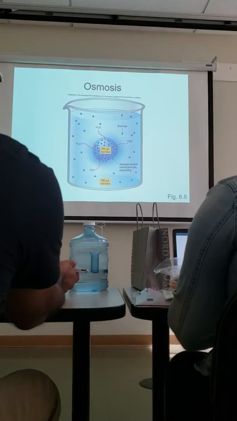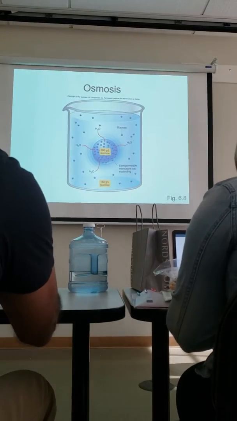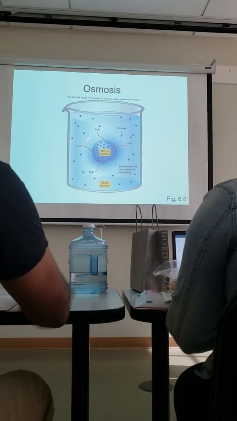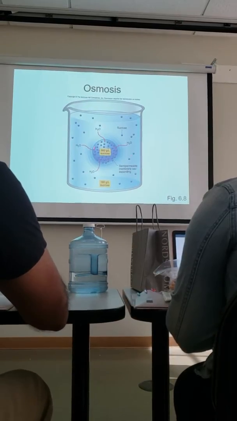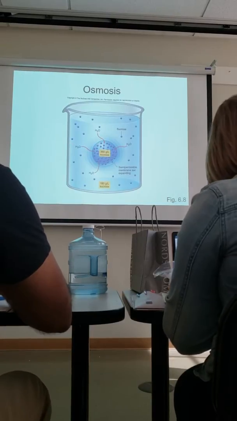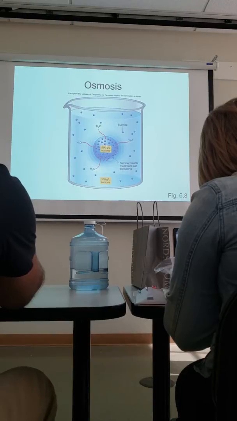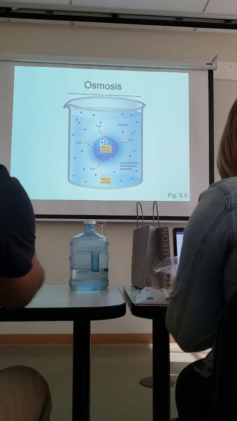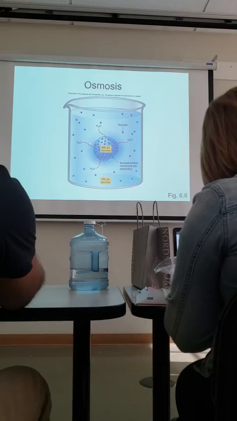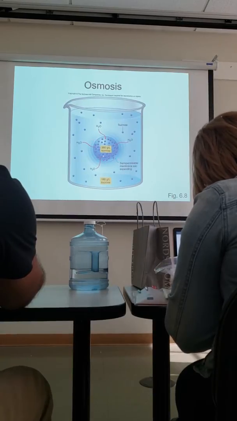So let's work our way closer to an actual body cell. So in this particular scenario, we have a beaker, and in the middle we have what's called a semi-permeable membrane sac, or in other words, just think of it as mimicking a cell. And the little blue in there represents sucrose, or a sugar. So notice there's a high concentration of the sucrose inside this little sac.